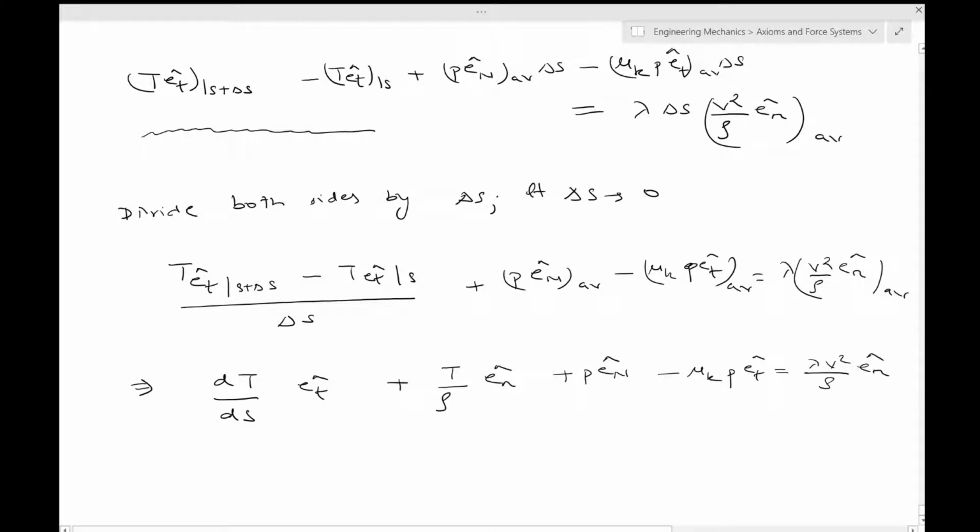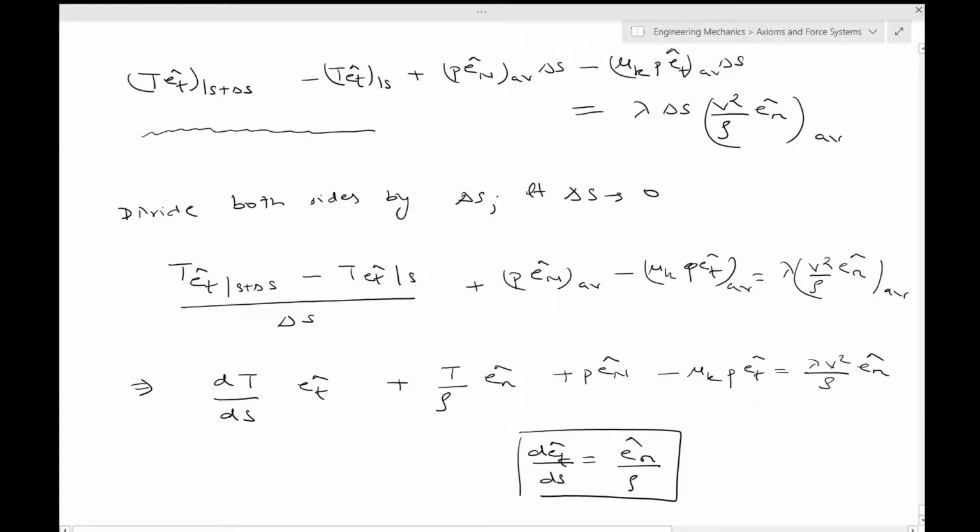One of the underlying assumptions here is that we have written det hat by ds is equal to en by rho.